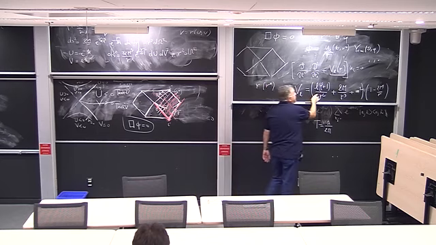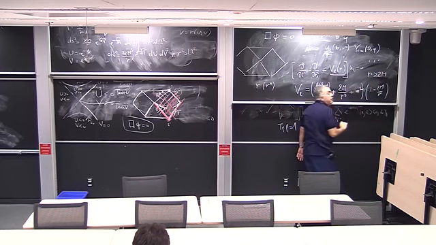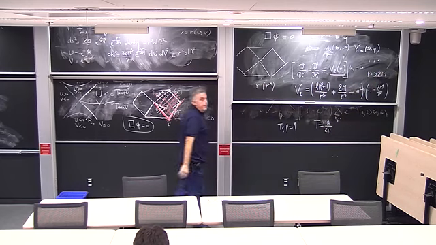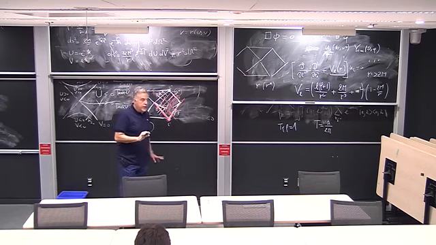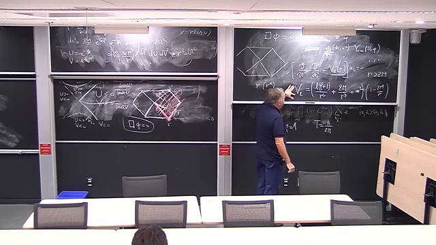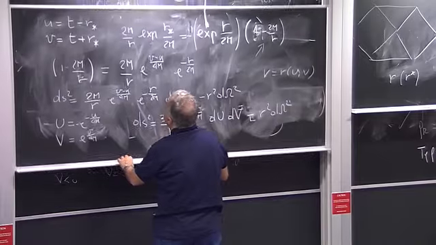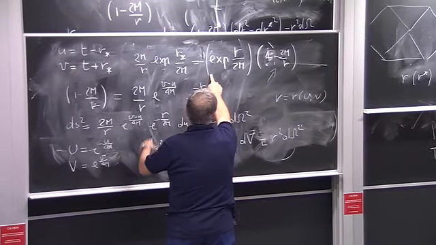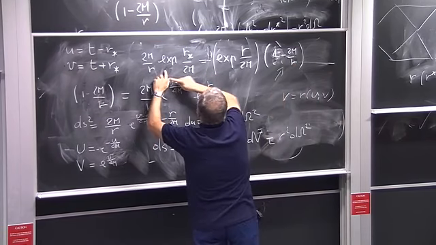This means that this potential is defined in the region R bigger than 2m, okay? We are studying the Schwarzschild part. We are outside the horizon, okay? So if you look at this potential in the R star coordinates, you see that 1 minus 2m over R is essentially exponential.